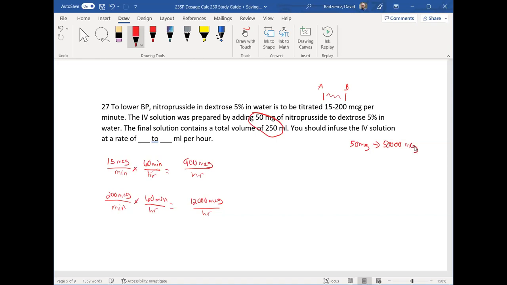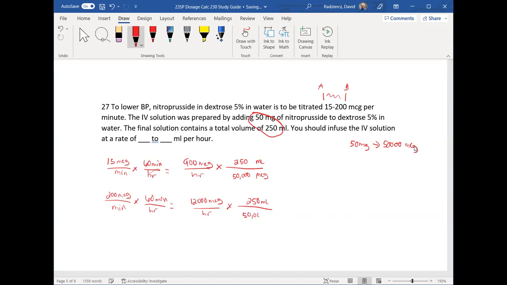Just to double check, 50 times 1,000. Yeah, 50,000. And then 250 ml. So what I'm going to do is convert my micrograms to milliliters, which I can do based off of this right here, telling me I put the 50 milligrams in the 250 milliliters. So here's my 250 milliliters. Here's my 50,000 micrograms. I'm going to do the same thing down here. 250 milliliters.